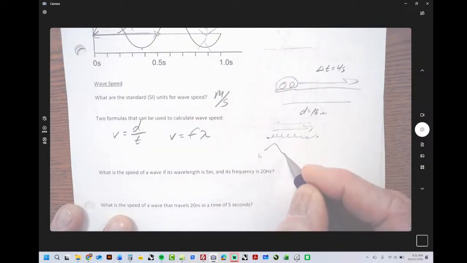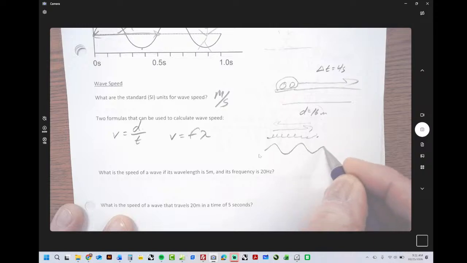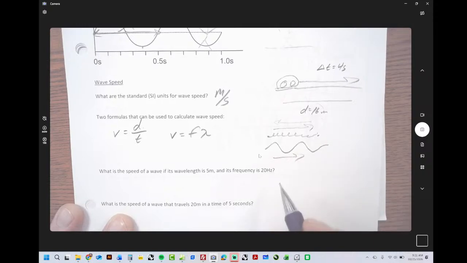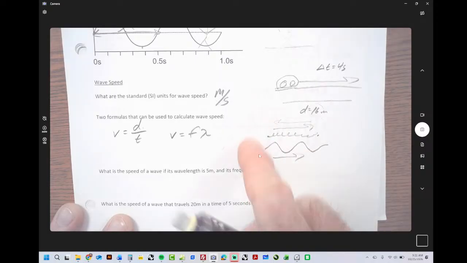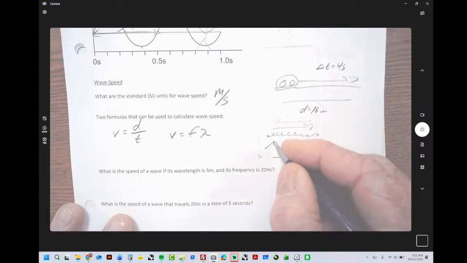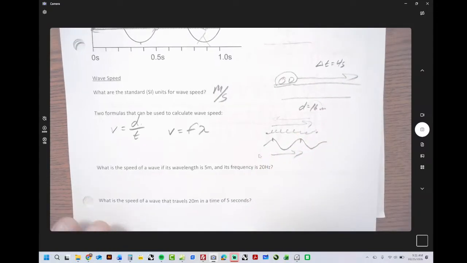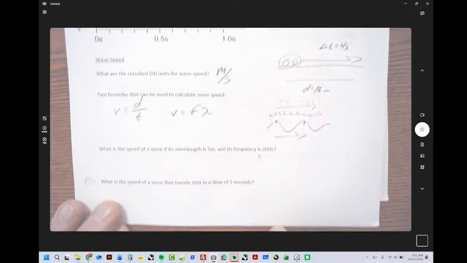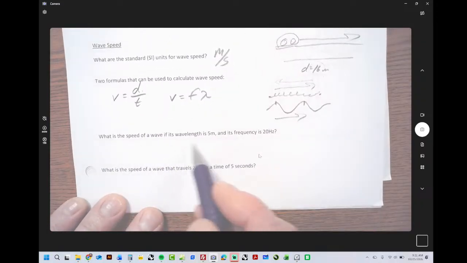One was this kind of wave that could go this way. So the speed of that going down the hallway, we could have calculated by how often we went back and forth. That controlled the frequency, and then multiplied that by this distance, and that would have given us the speed.